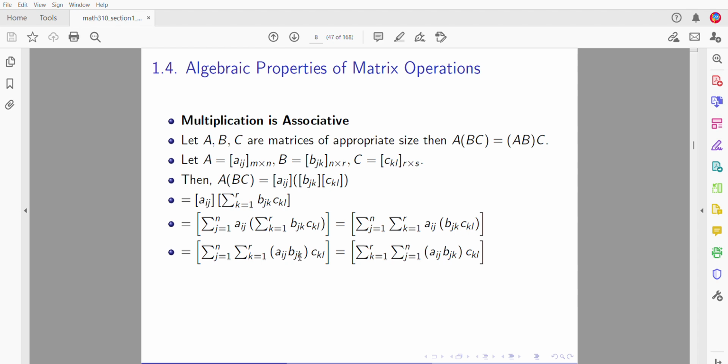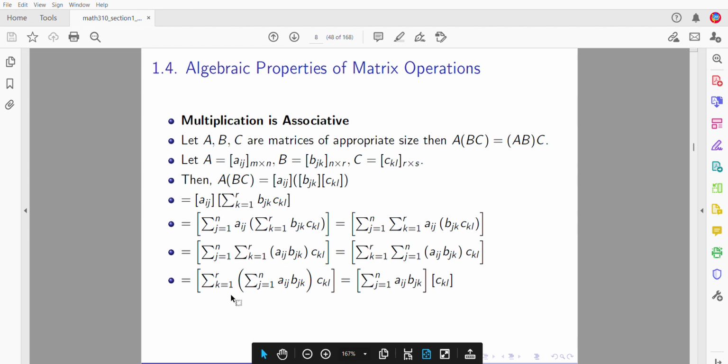Now I'll make one more change. You see the summations? Summations can be interchanged. So K going from 1 to r, here it's second, here it's first. J going from 1 to n, here it's first, here it's second. Why did we do this? See in a minute. J going from 1 to n applies to Aij, Bjk. Ckl is irrelevant. Only these two. Correct? So I put that in parenthesis along with this and Ckl outside.